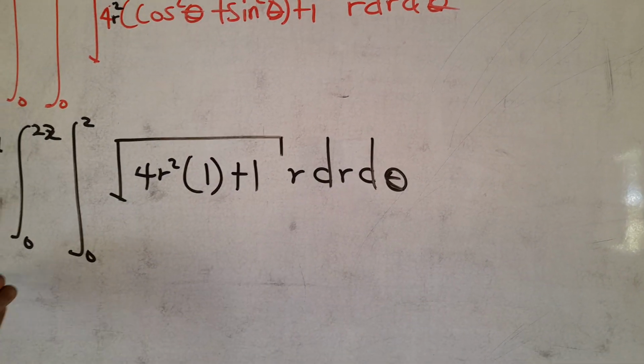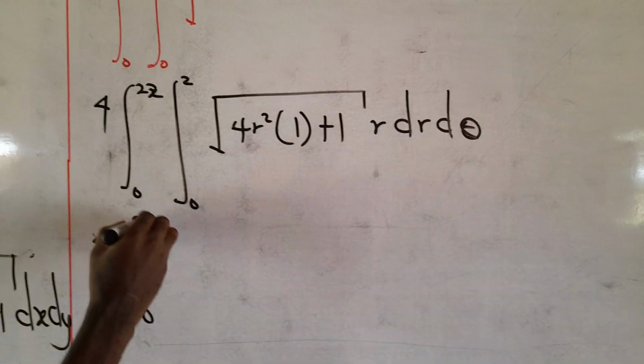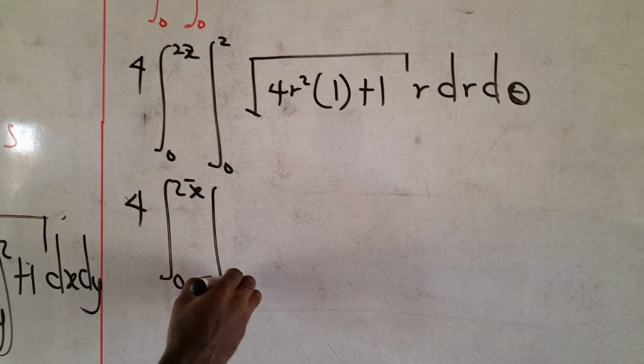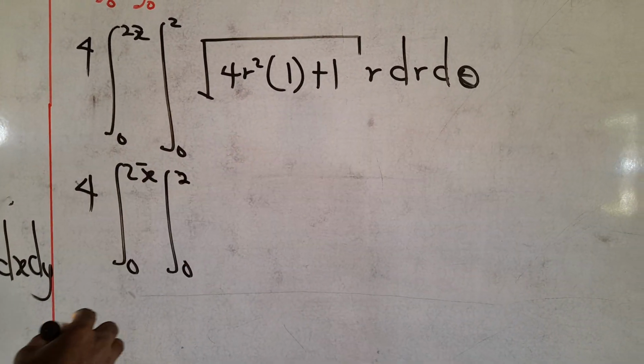So what we have is 4 times the integral from 0 to 2 pi for theta, the integral from 0 to 2 for the radius.